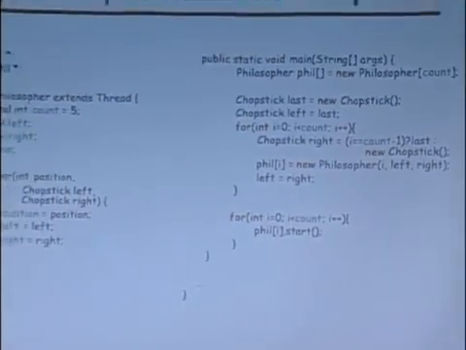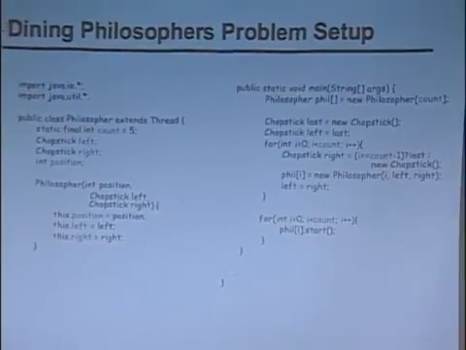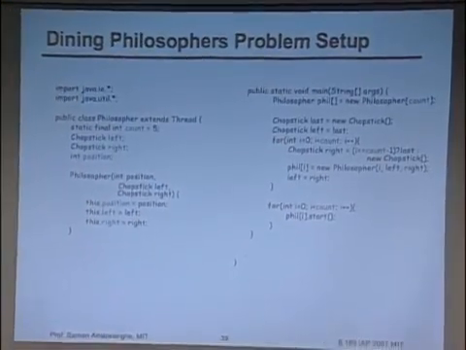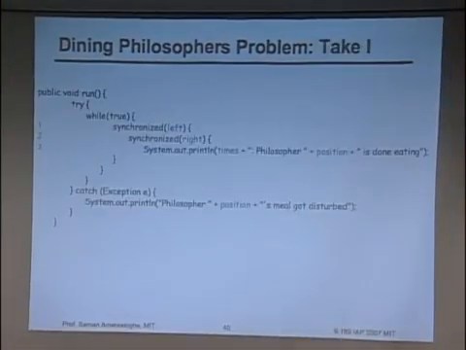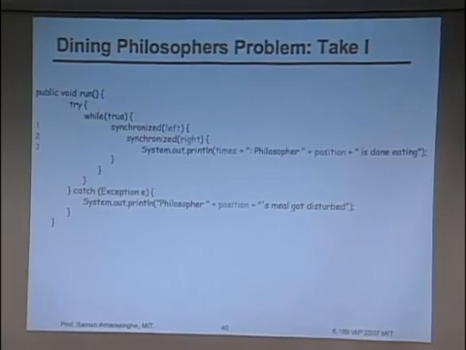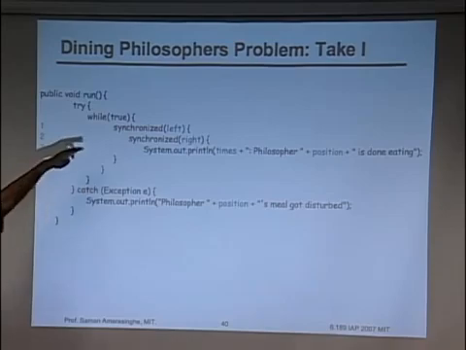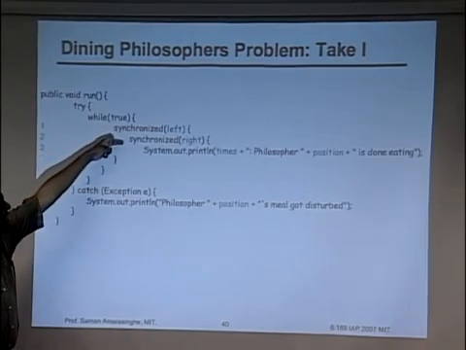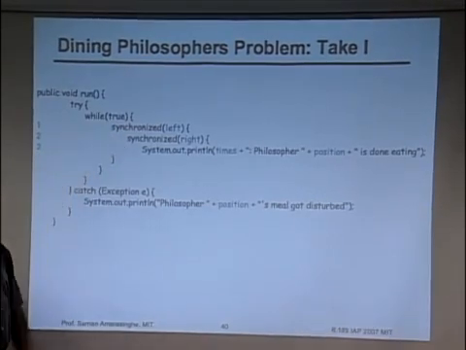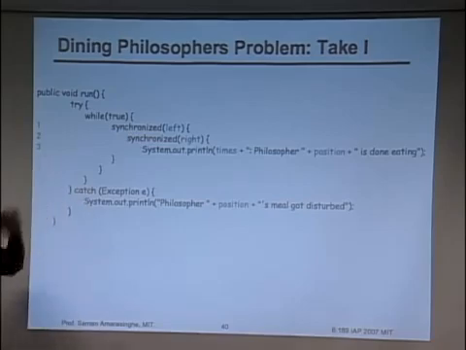So you set that up and share the chopsticks. And here's what each philosopher does: I am taking my left chopstick, I'm taking my right chopstick, and I'm going to eat, and when I'm done eating, I'm putting them down.